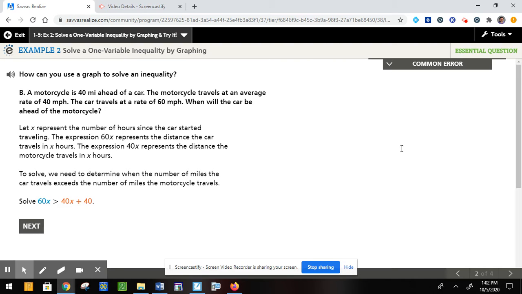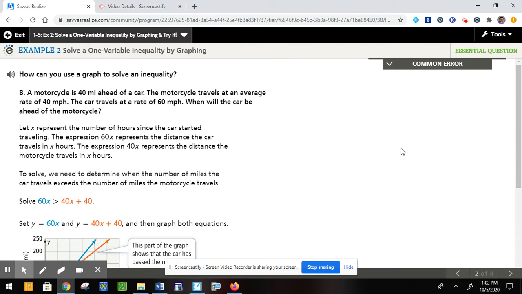But since it was 40 miles ahead, we're going to do plus 40. So the question is, when does the car overtake the bike? That's why it's just greater than and not greater than or equal to, because it's not saying when will the car catch up to. It's saying when will the car be past it. So it's just greater than.